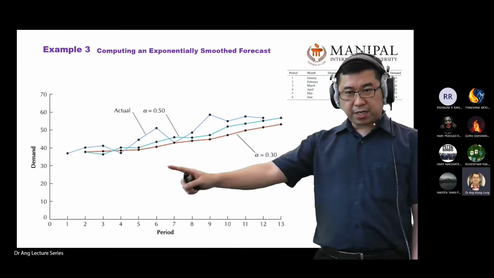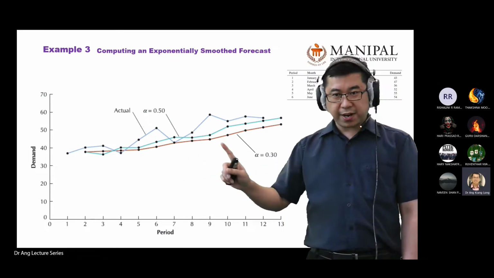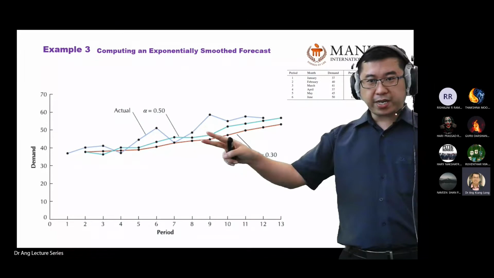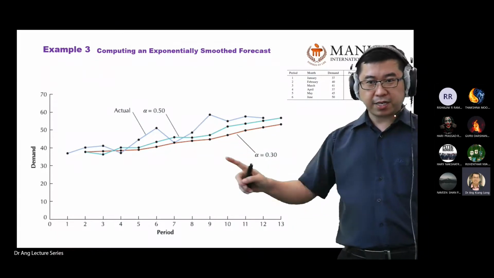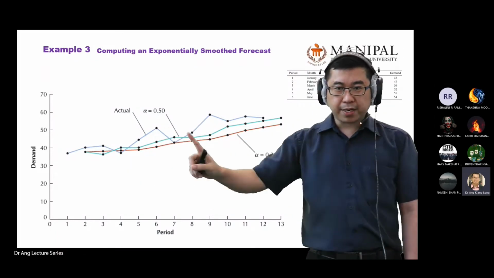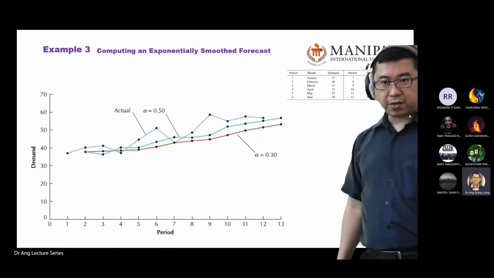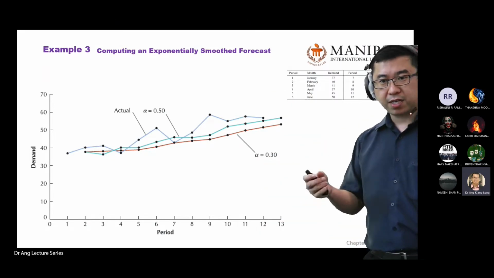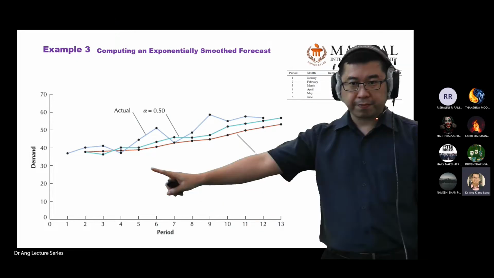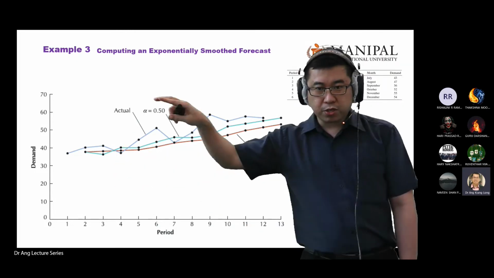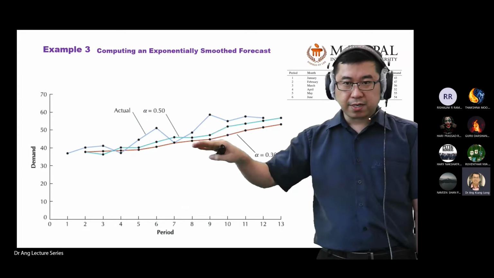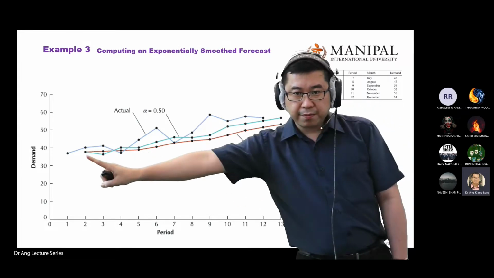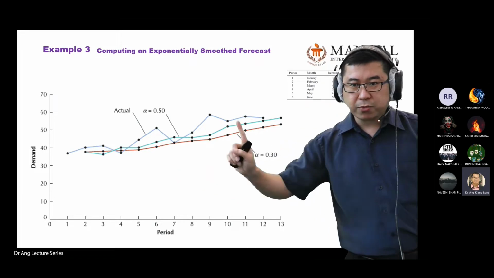Can you see the effect after you do smoothing? Whether it's 0.5 or 0.3, what happened to the peaks? All the peaks were suppressed. It's like having a filter in an electronic signal. The peaks were suppressed, and both show the same trend.